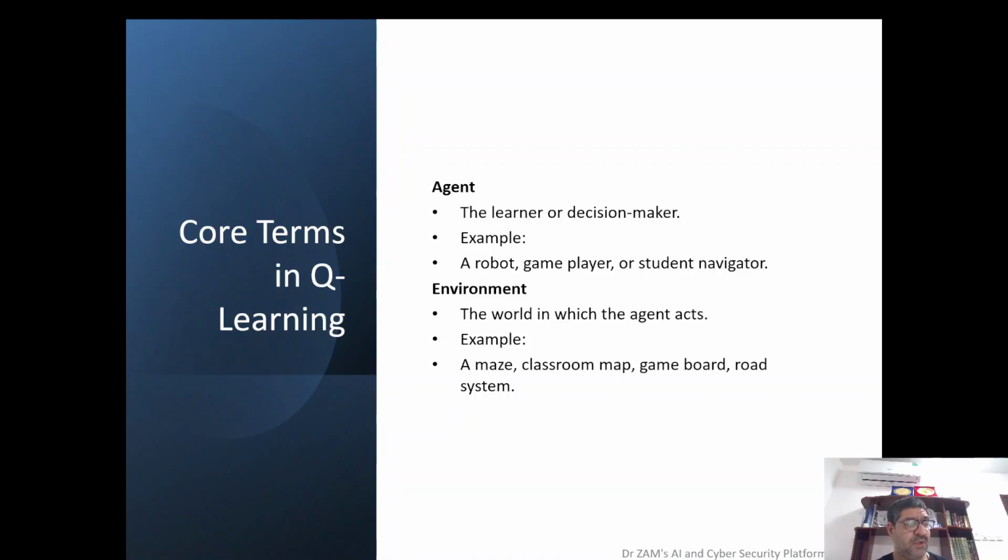So the core terms in Q learning: the agent is the learner or the decision maker. We had discussed it earlier as well. For example, a game player, a robot, a student navigator, anybody. This is an agent. And the environment can be a maze where you are moving something, a game in which a player is playing, a classroom map, game board, road system.